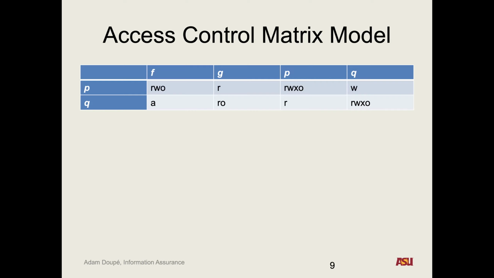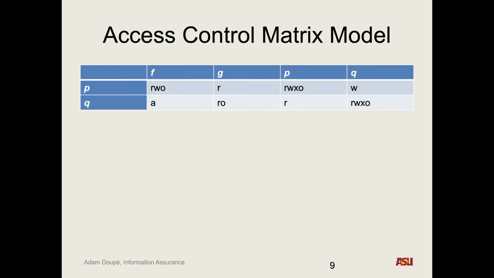Yeah, a column is added, right? So we'll add another column to this table. And then what happens if I create another file? Same thing, more columns. Every time we create a file, we're adding an additional column to this. And to be secure, we have to specify what every subject has with that new file.